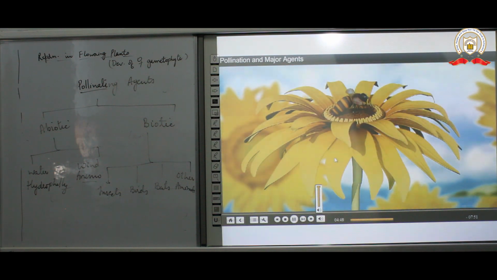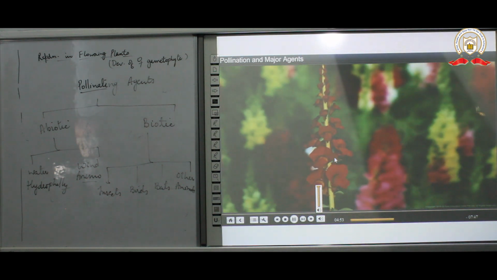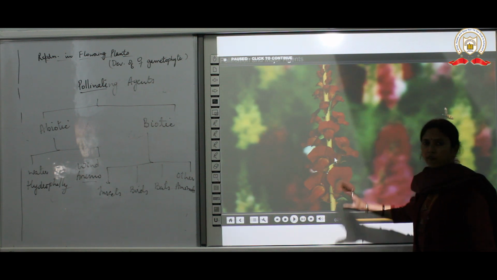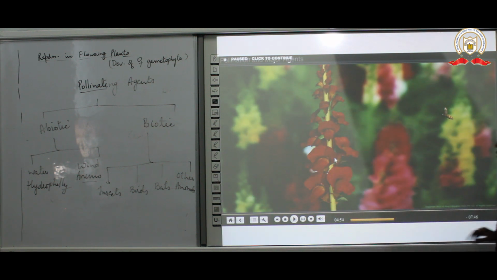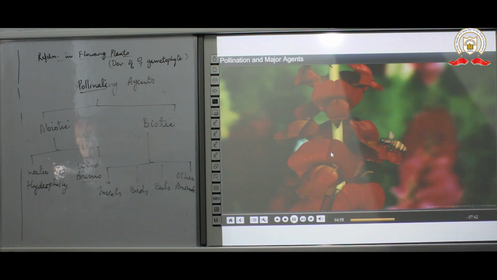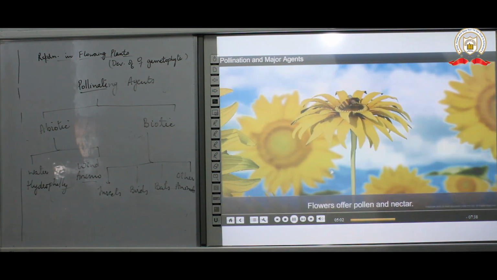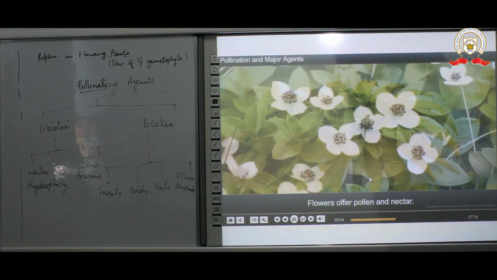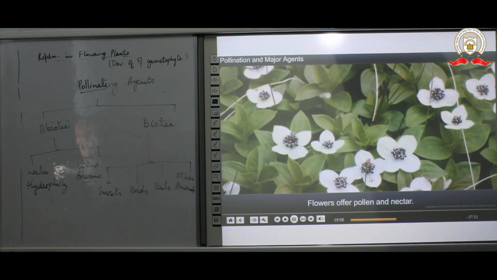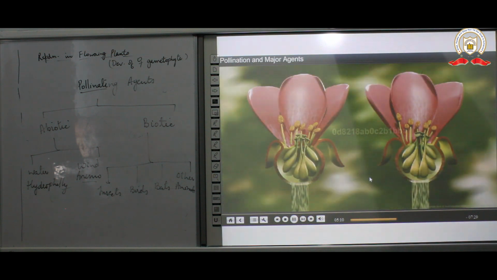Right? You can see that the flowers are brightly colored and they are providing the insects with nectar also. Such flowers are either solitary or present in the form of an inflorescence, so that maximum transference of pollen grains can take place. So when the insect is visiting from one plant to another plant, it is transferring the pollen, and the plants in turn are giving them pollen and nectar in return.